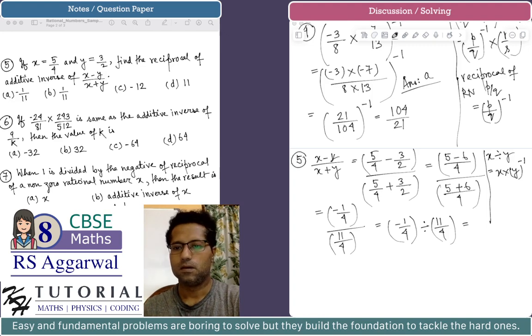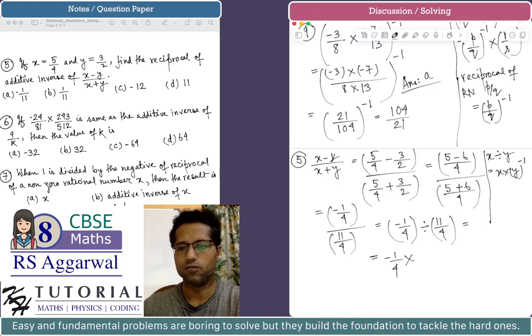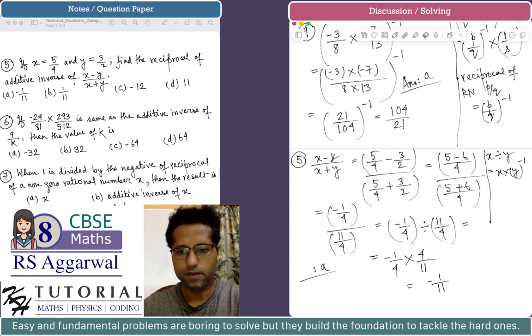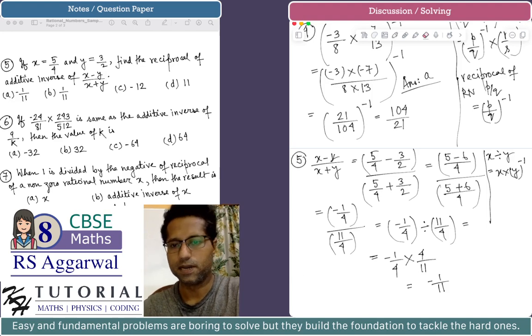So this is equal to minus 1 by 4 multiplied by the multiplicative inverse of 11 by 4, which is 4 by 11. So this is equal to minus 1 by 11. No, sorry, not choice A. We have just found x minus y by x plus y. The value of x minus y divided by x plus y is minus 1 by 11.